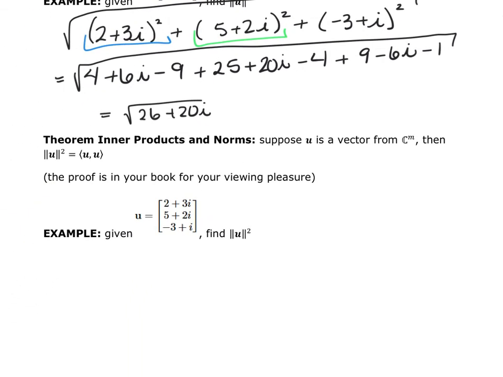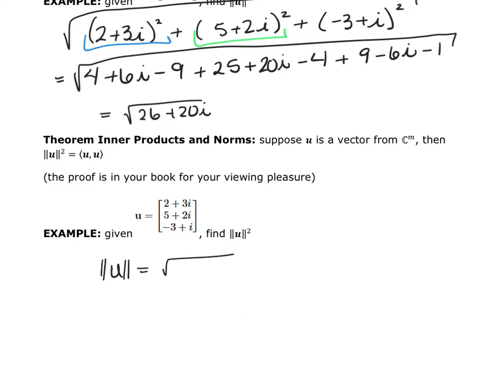So we have this theorem that says the inner product of the norms. Suppose u is a vector whose entries are from the complex numbers. Then the norm squared is going to be its inner product with itself. So we know what the norm of u is.